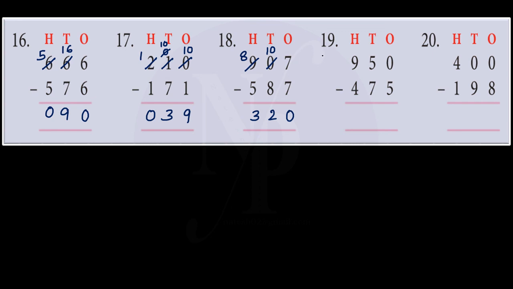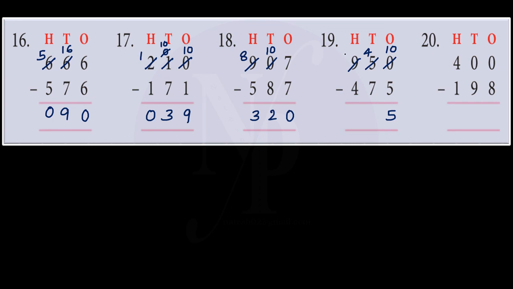Now we move to question number 19. Here we have 950 minus 475. To subtract 5 from 0, we need to regroup. We make this 5 tens as 4 tens, and now this becomes 10 ones. Subtracting 5 ones from 10 ones, you get 5 ones. And to subtract 7 tens from 4 tens, regrouping is needed.